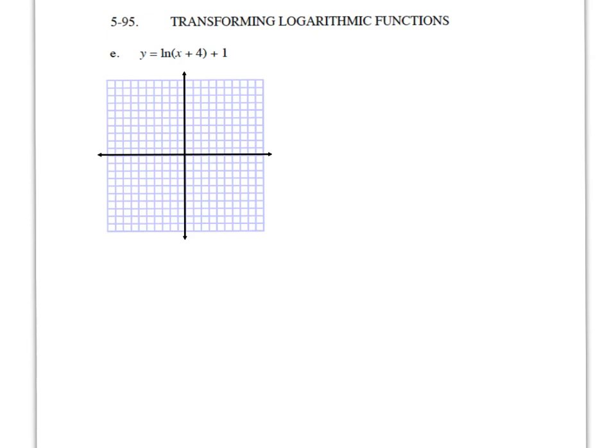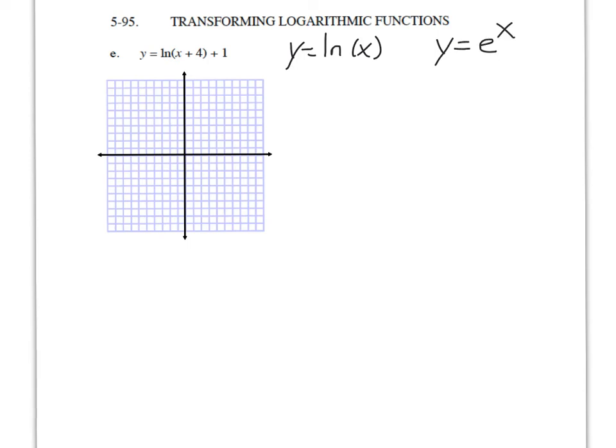Here's our last one, y equaling ln of (x plus 4) plus 1. This has 2 transformations. Our base or parent function is going to be the ln of x. Its inverse is y equaling e to the x.